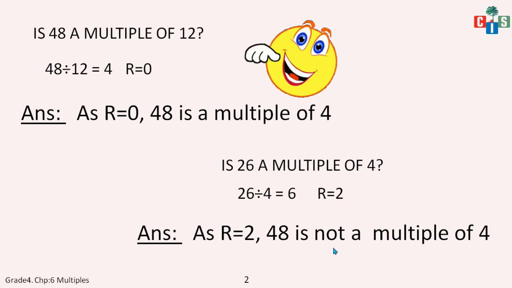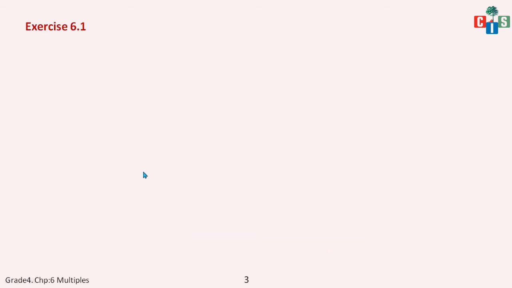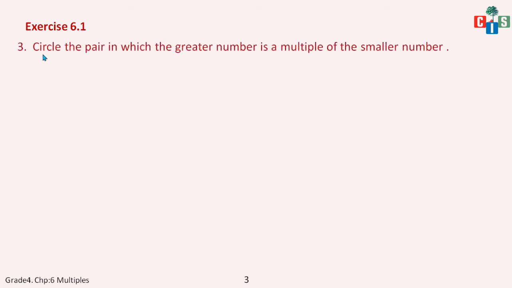Not. Remember that. So let's have your exercise 6.1, wherein I have taken the third part, which says circle the pair in which the greater number is a multiple of the smaller number. The numbers are 108 and 12. Let's first find the greater number and the smaller number. 108 is the greater number and 12 is the smaller number. So my statement is whether 108 is a multiple of 12 or not.